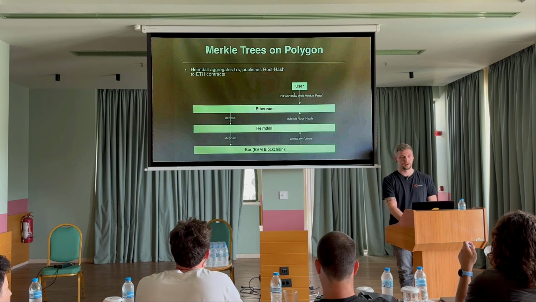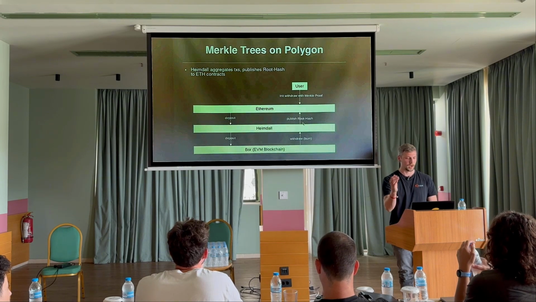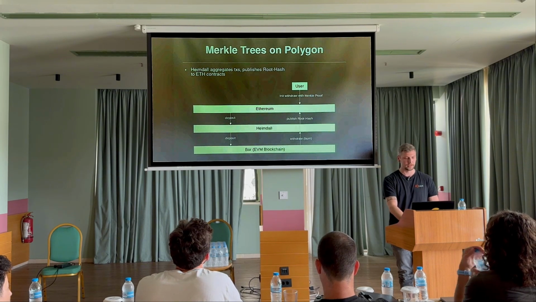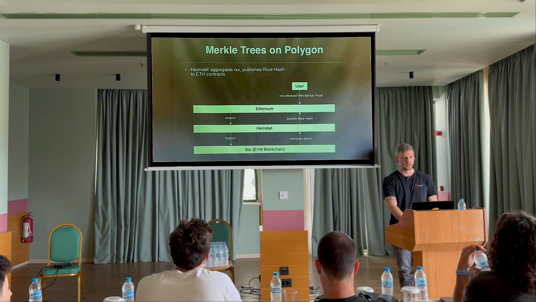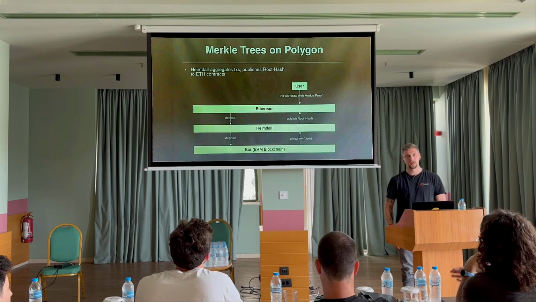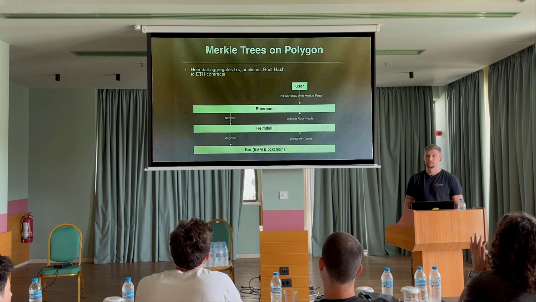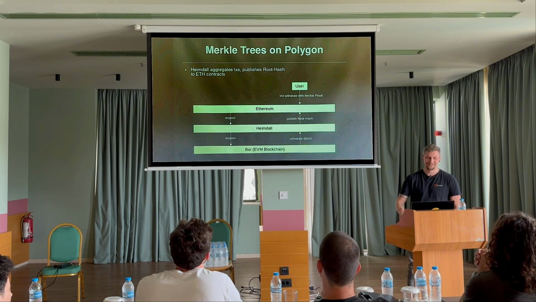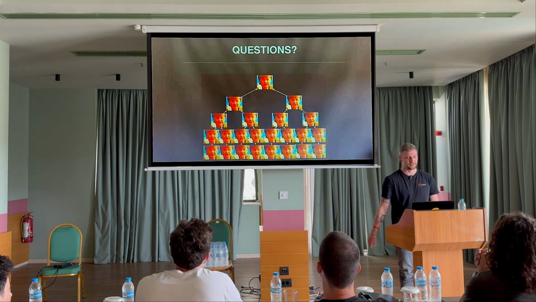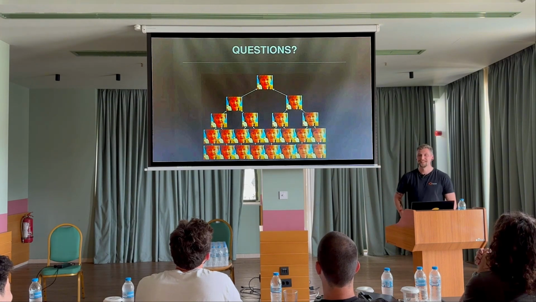And users can then query the Merkle proof from Heimdall or from their API, and then put this as part of their payload to the contract. And have a Merkle tree.